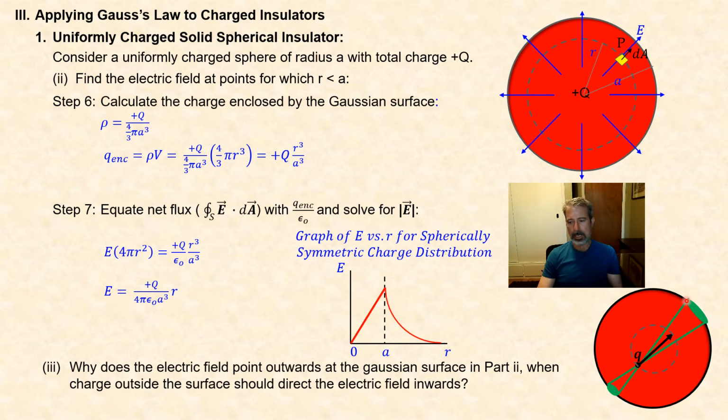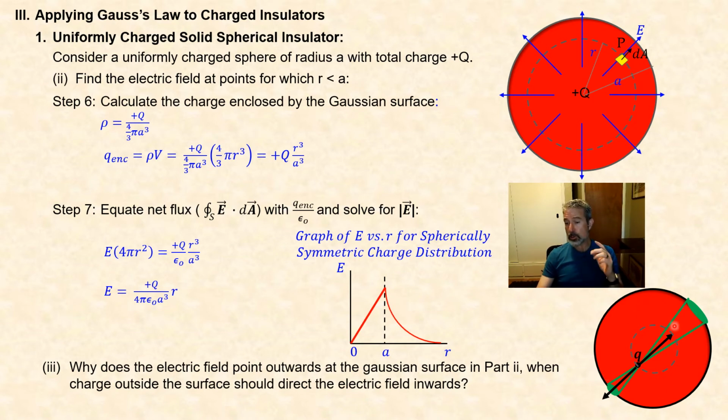Again, field always points away from a positive charge. So this green sample of charge here would exert a force and a field on this test charge in this direction. And I'm not showing you it here, but using calculus, you can show that those two forces, and therefore field contributions, are exactly identical.